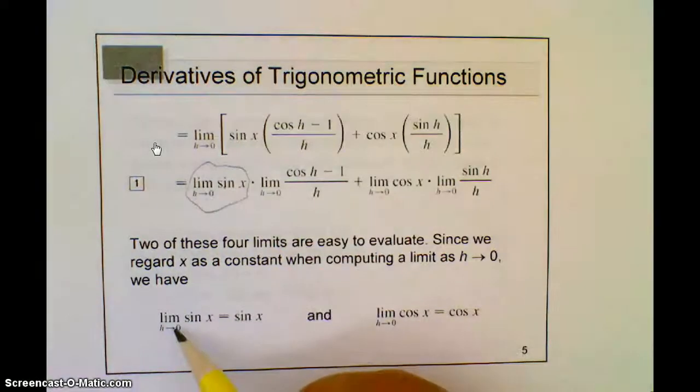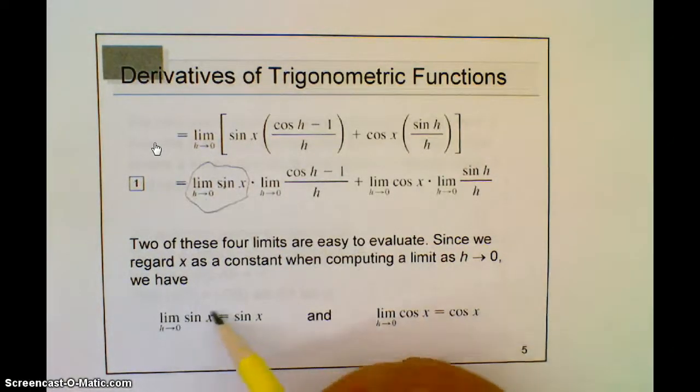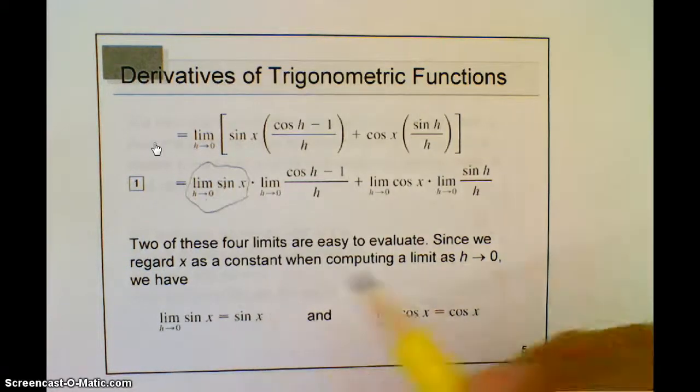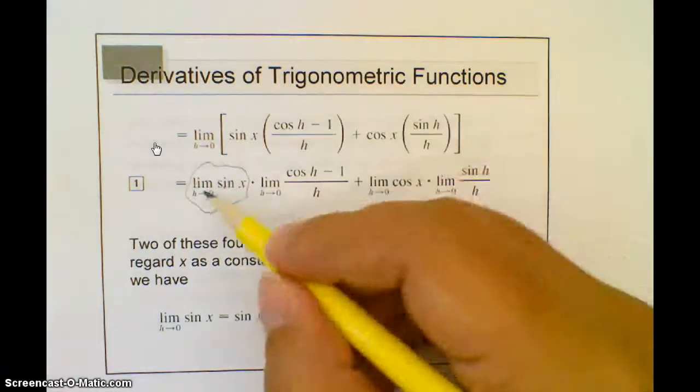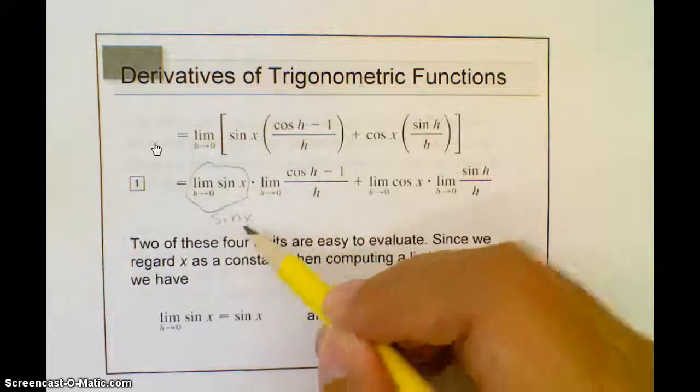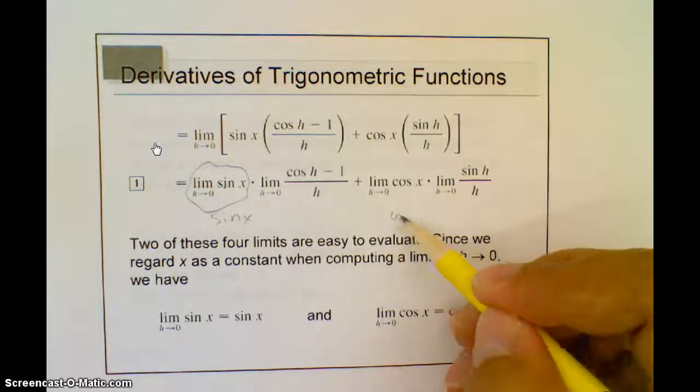That's why the limit as h approaches 0 of sine of x is simply sine of x, because h is not present in this expression. This expression does not depend on h, so to h's eyes, this is a constant. And the same idea with the limit as h approaches 0 of cosine of x is simply cosine of x. So this stays as sine of x, and this stays as cosine of x.